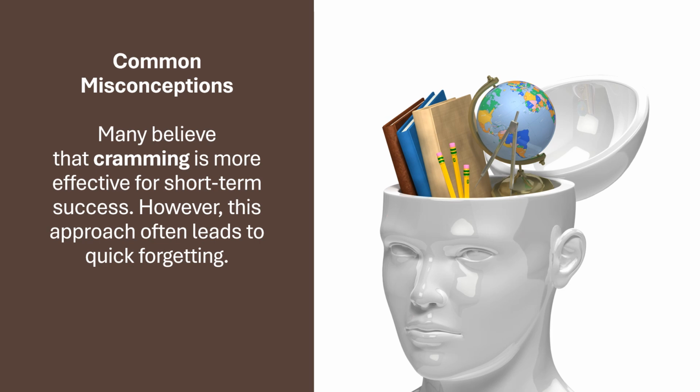The steepest drop happens within the first few hours, with people forgetting about 50% of new information within an hour and 70% within 24 hours. If you review material one day after learning it, then a week later, then a month later, you're much more likely to remember it long term.